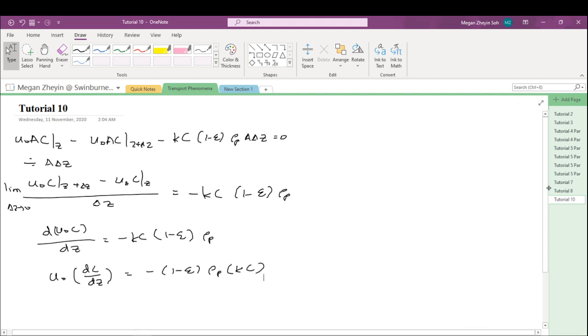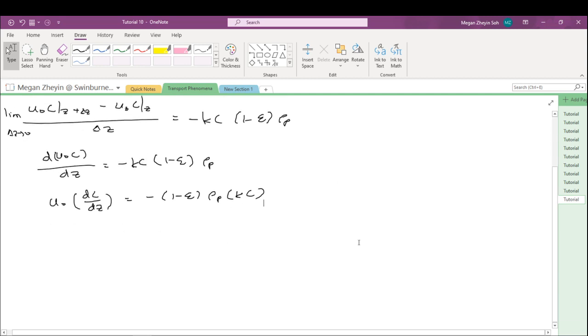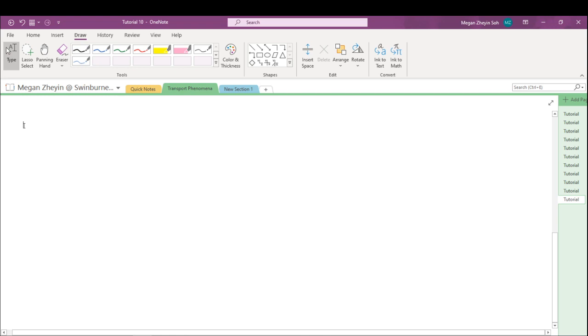Now, let's move this one further, looking at problem B. From A, we obtain that dC/dz is equal to negative (1 minus epsilon) rho P k, divided by the superficial velocity, multiplied by the concentration.